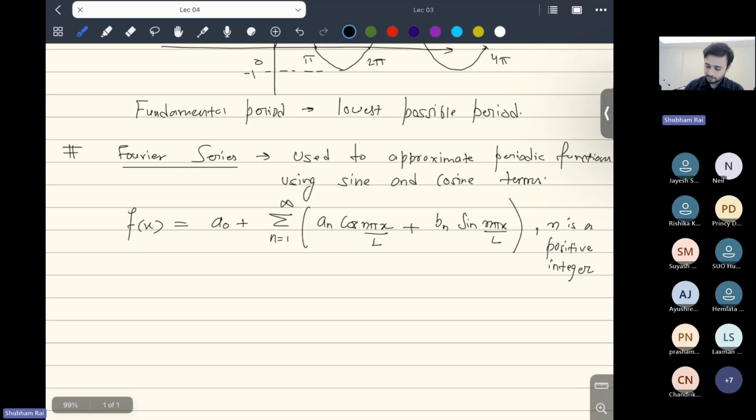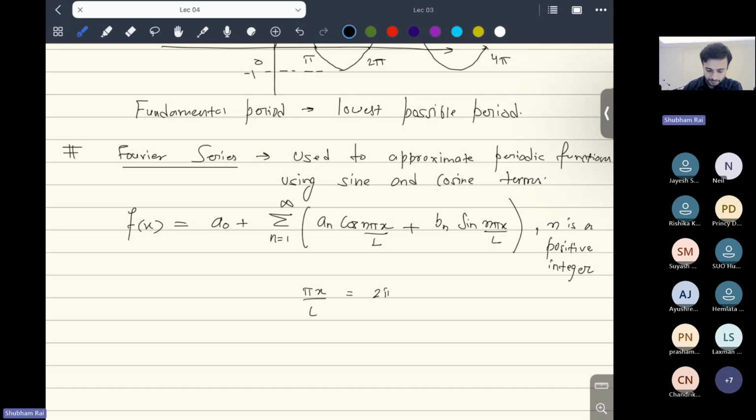Now if we take n is equal to 1, pi x by l should be equal to 2 pi, because if we take this total thing as an argument, n pi x by l should approach 2 pi, only then the first period will come, right? So I'm just writing pi x by l is equal to 2 pi.